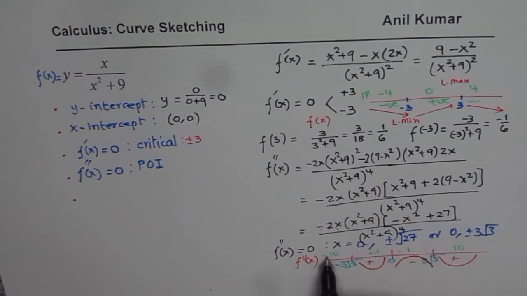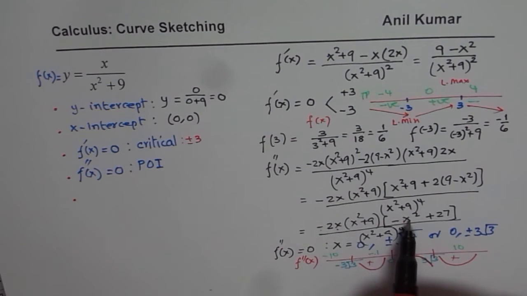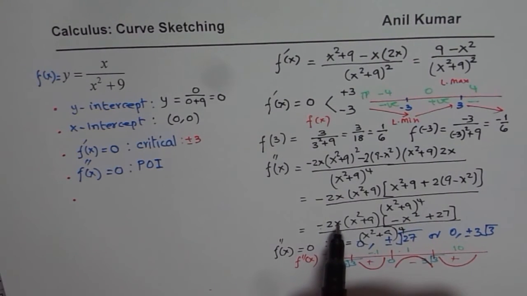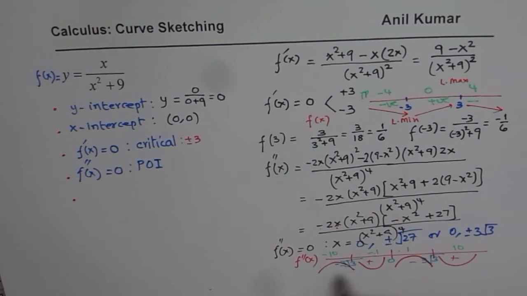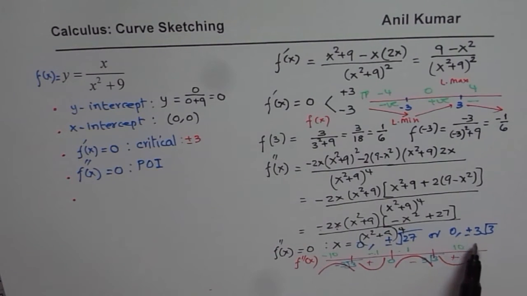If you substitute minus 10, in that case, minus 10 will make this negative, minus 10 will make this positive, so minus minus, and therefore it will be negative. So it will be kind of like this. I would like you to substitute these values and check with a calculator, correct?